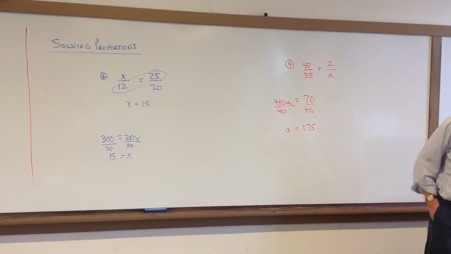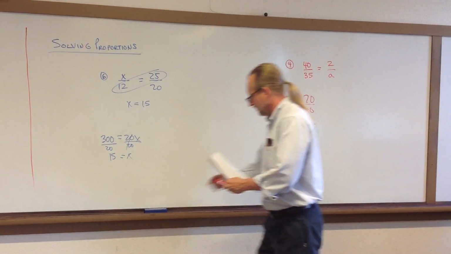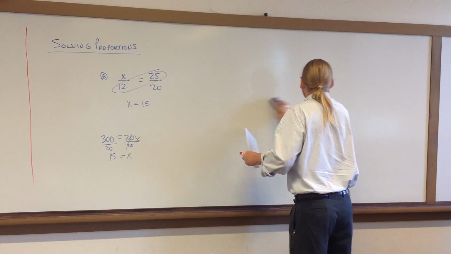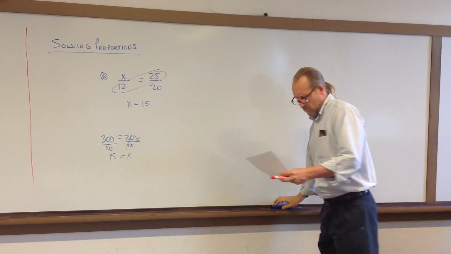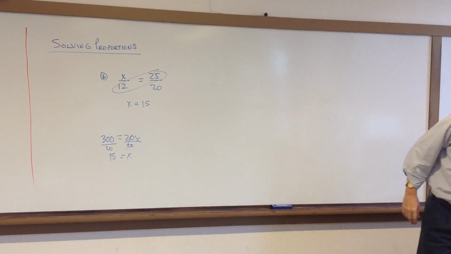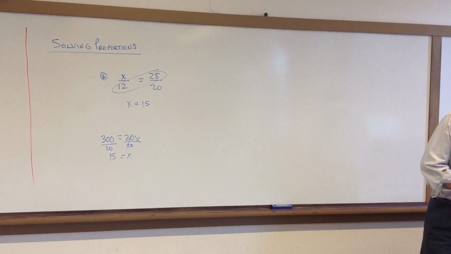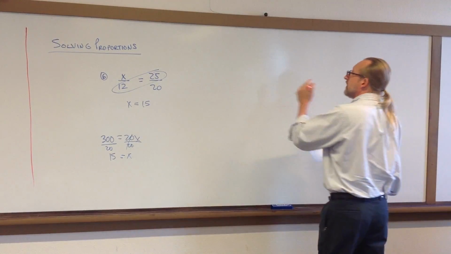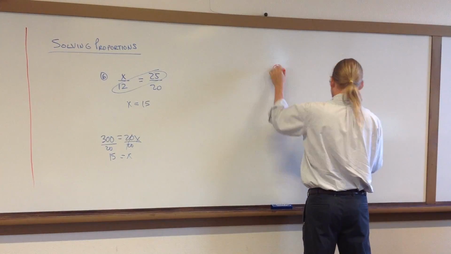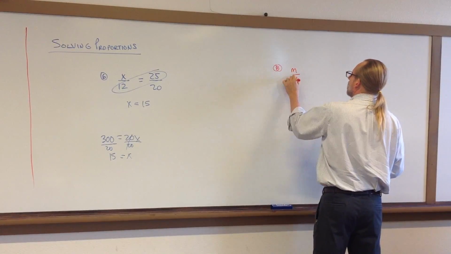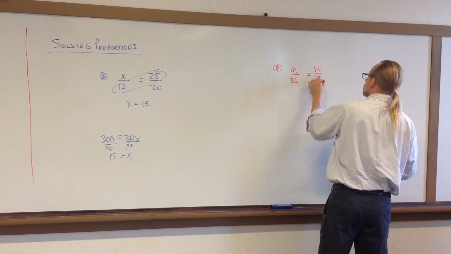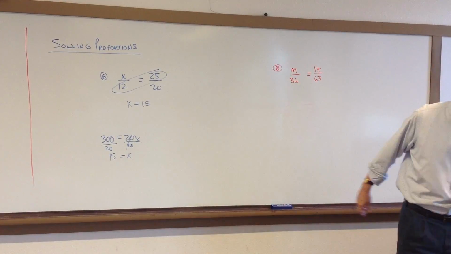What else do we have? All right, let's see here. Oh, let's do problem 8. Got m over 36 equals 14 over 63.